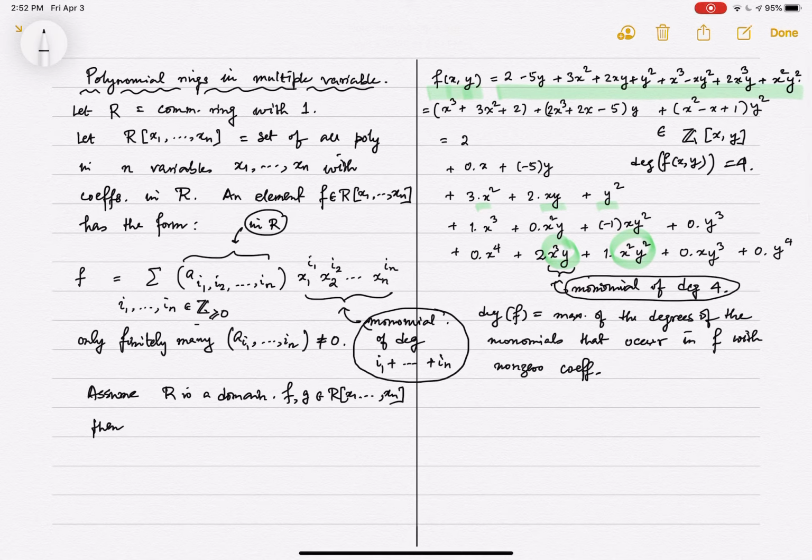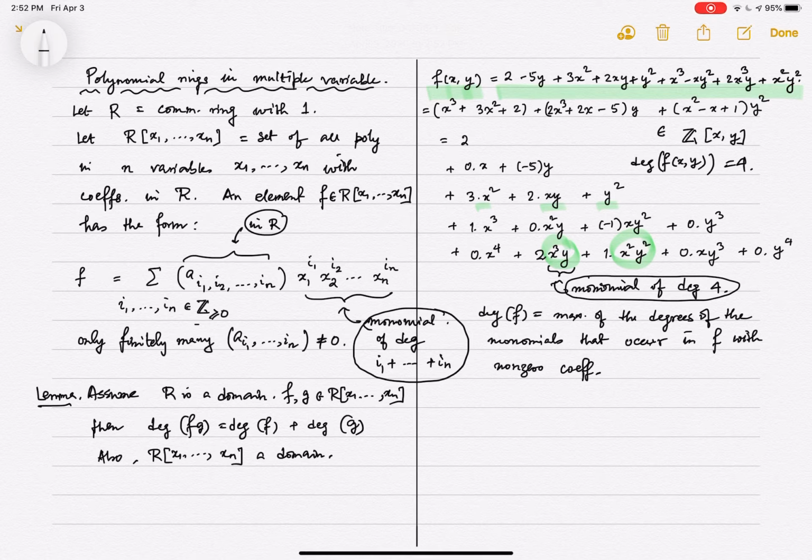Then the degree of the product is the sum of the degrees, and also R[x1, x2, ..., xn] is itself a domain if R is a domain. So that's a little lemma that works just the same as in the one variable polynomial ring.